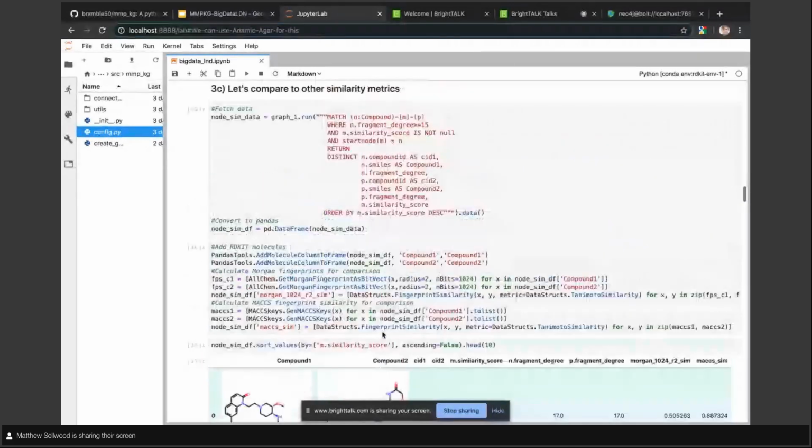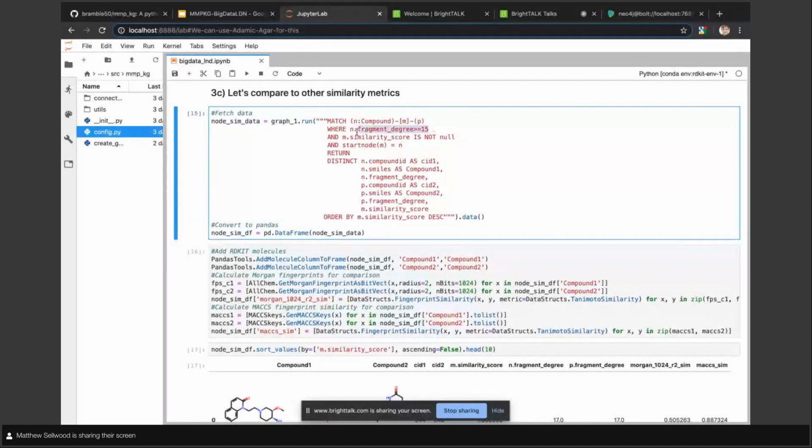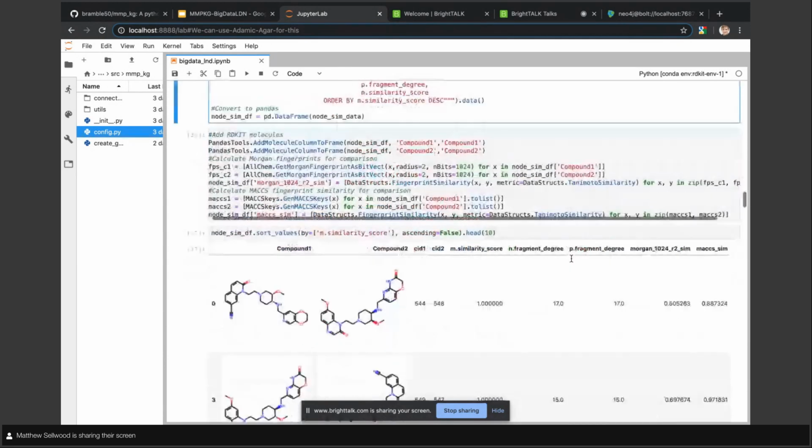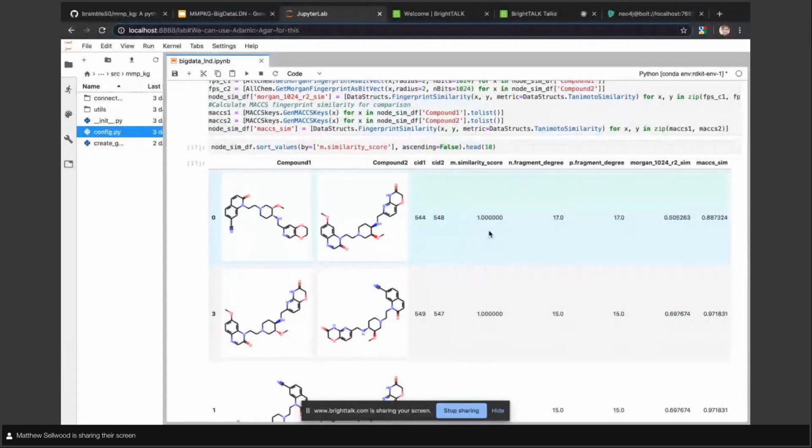This is because now we're looking at compounds that have over 15 fragments attached to them, so there's a lot higher number of nodes for it to sample from in order to calculate the similarity. Here it's saying that these ones actually have completely identical fragments based on the fragmentation algorithm that we're using.